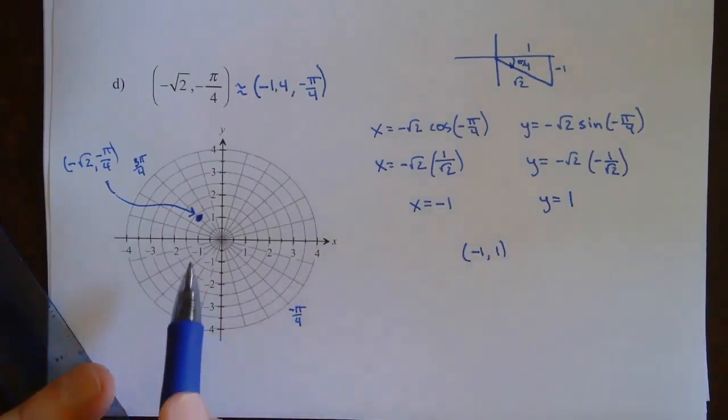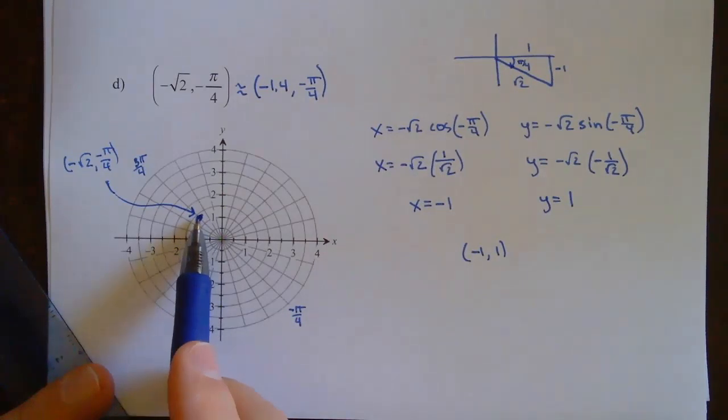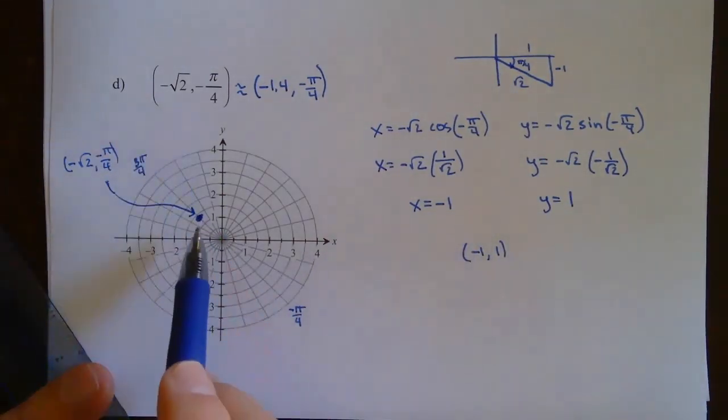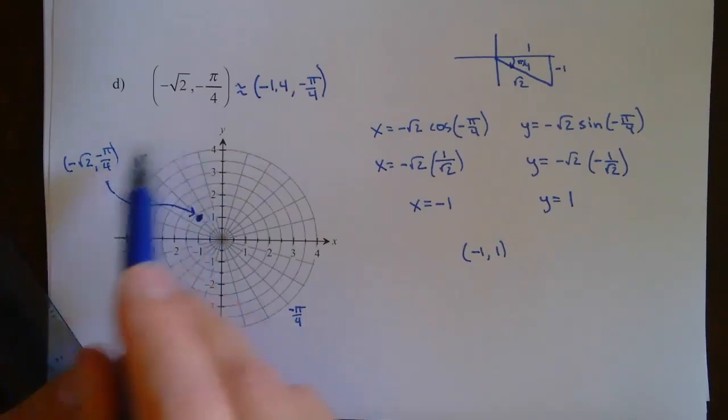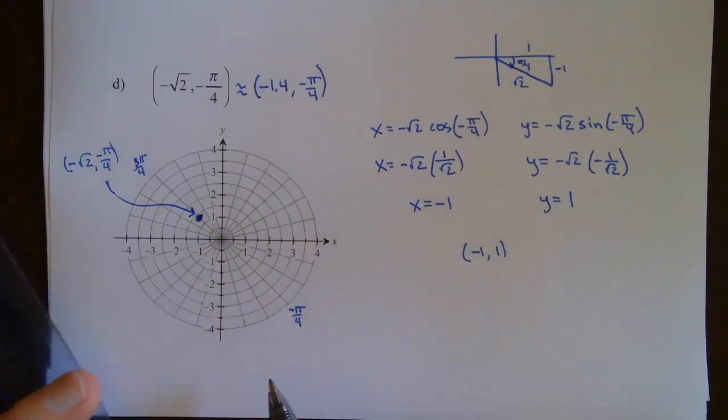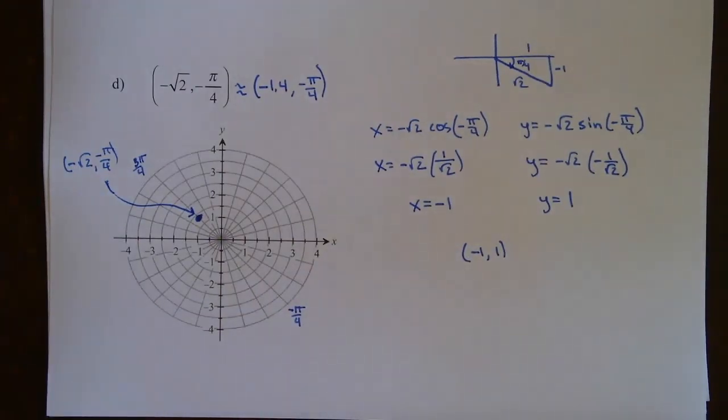That makes sense, because this point puts us in the second quadrant, and in the second quadrant, x is negative and y is positive. That's how you go from polar coordinates to rectangular coordinates.